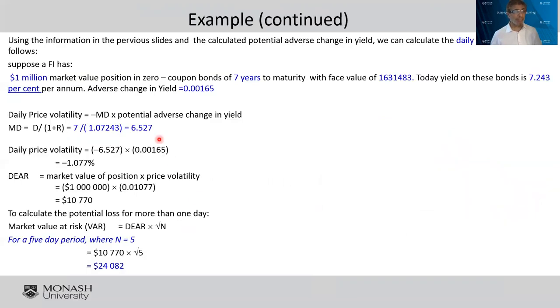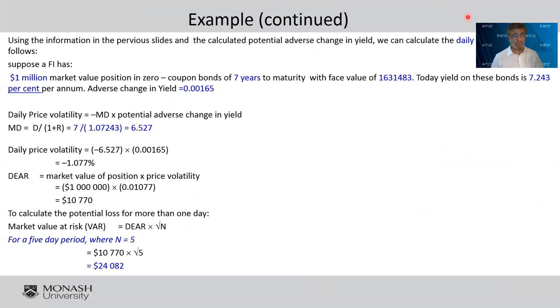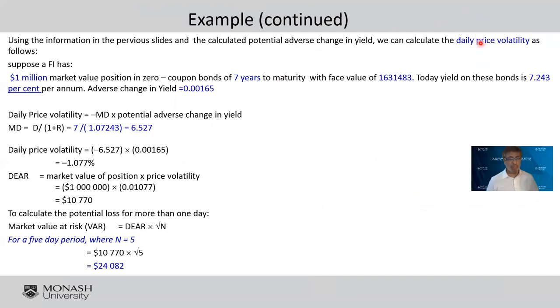Now let's take this example using the information in the previous slides. I just gave you this background in econometrics, and I don't want you to worry about it, just to understand the concept. Using the information in the previous slides, calculate the potential adverse change in yield.